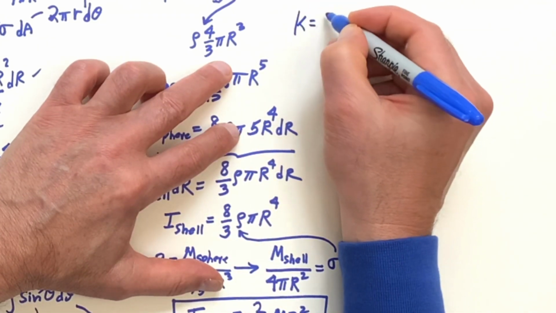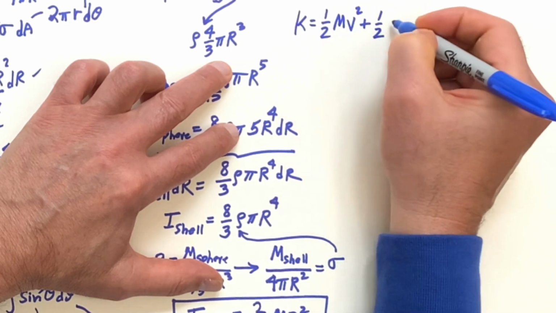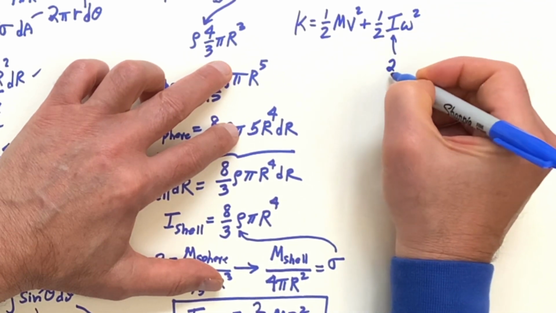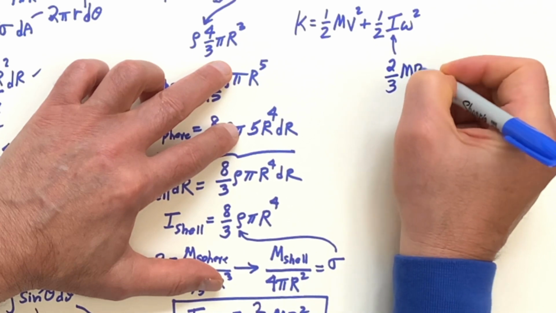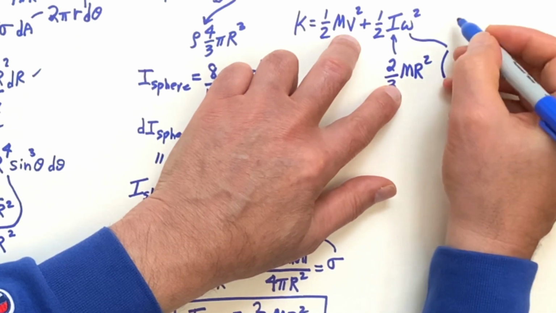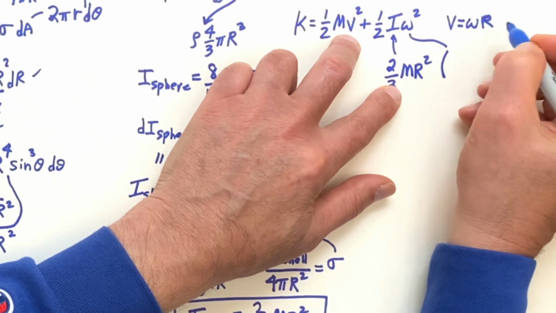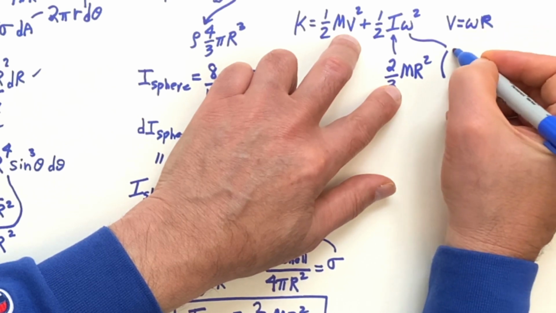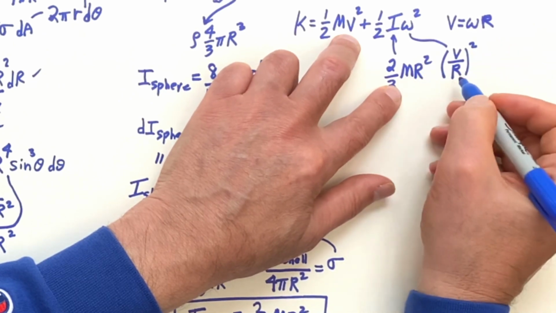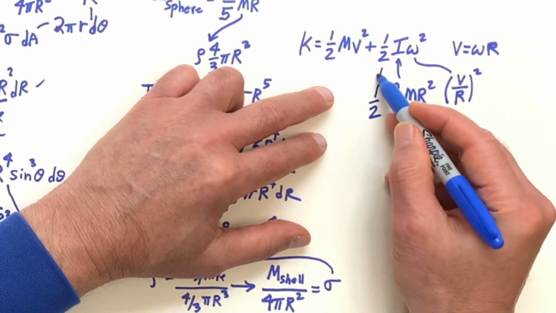So the kinetic energy would be 1/2 mv squared plus 1/2 I omega squared. And the I is going to be 2/3 mr squared. And then here we're going to have, remember that V is omega r for something that's rolling, capital R in this case. So this is going to be V over capital R, and it gets squared. The r's squares will cancel, and there's a 1/2 that's here in the front of this.